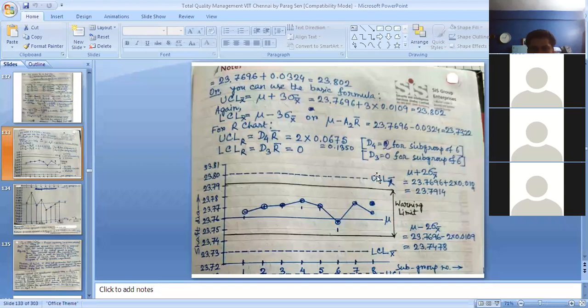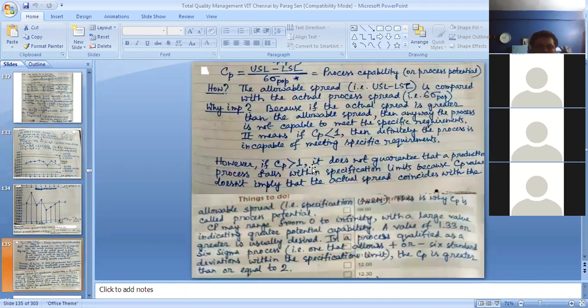This is your actual process spread. If it is greater than your allowable process spread, then by no way is your process capable to meet the requirements provided by the customer. So there will be a lot of data points beyond the specification limits or tolerance limits. That's why Cp is always desired to be greater than 1.